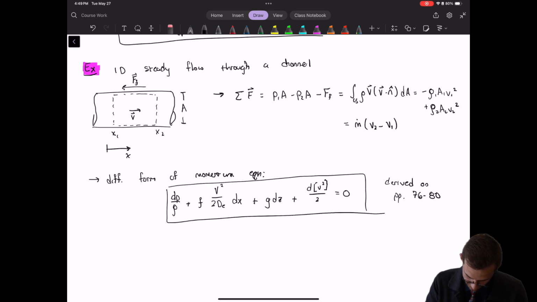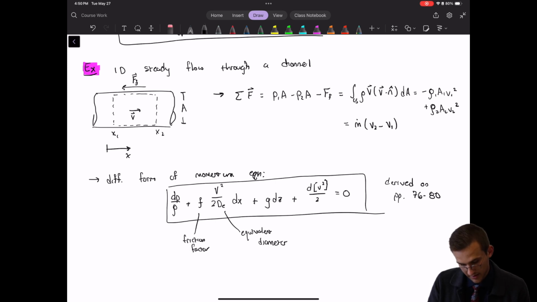Okay, this was the friction factor. And this is the equivalent diameter. You can express this as 4A, the cross-sectional area, divided by P, where P is the perimeter.